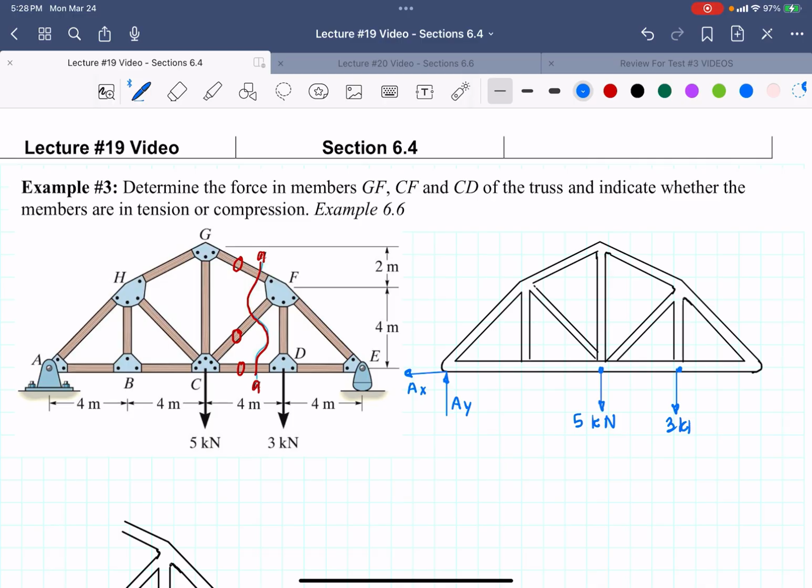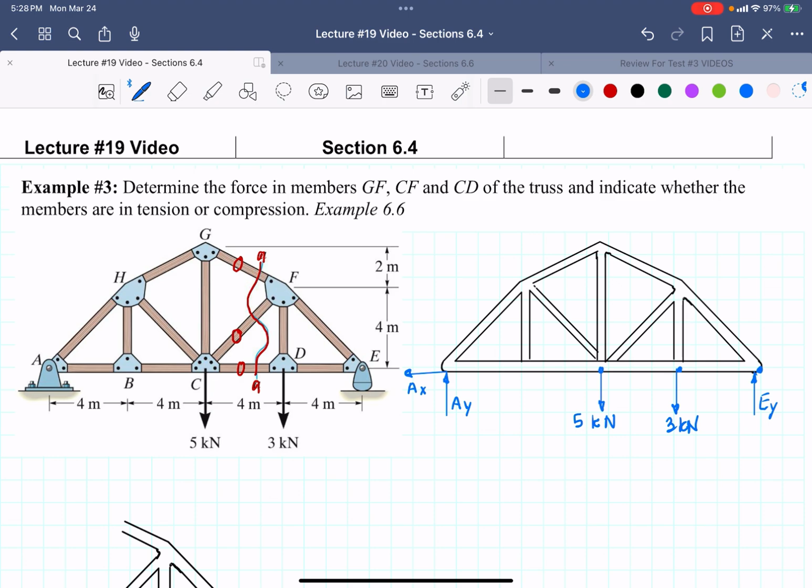And then I've got a rocker at E. At E, it has to be straight up because it has to be perpendicular to the surface. So those are all my forces for the truss as a whole.